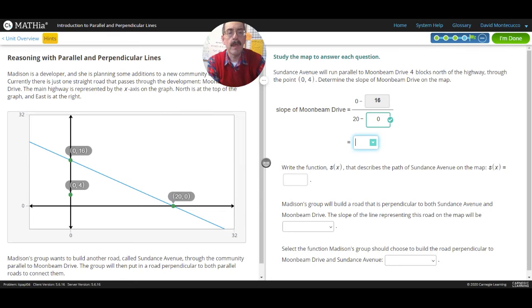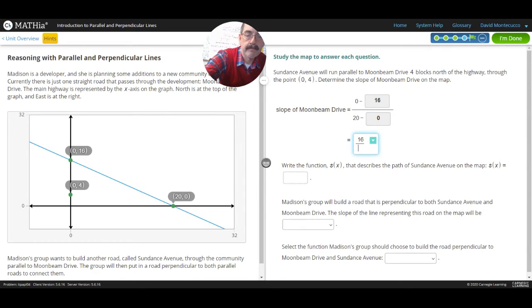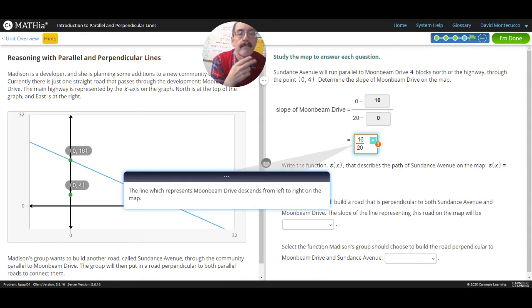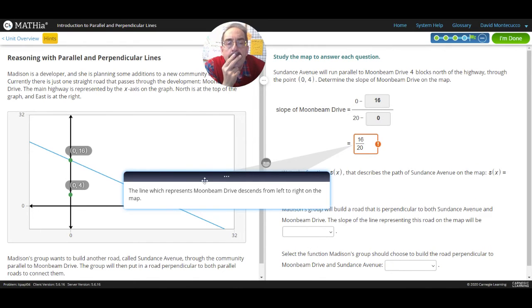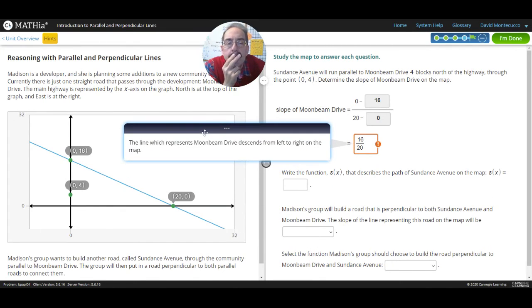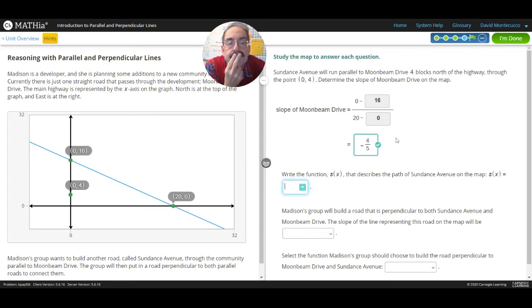So 16 over 20, from left to right. Oh, it's coming downhill. Okay, and it simplified it for us.